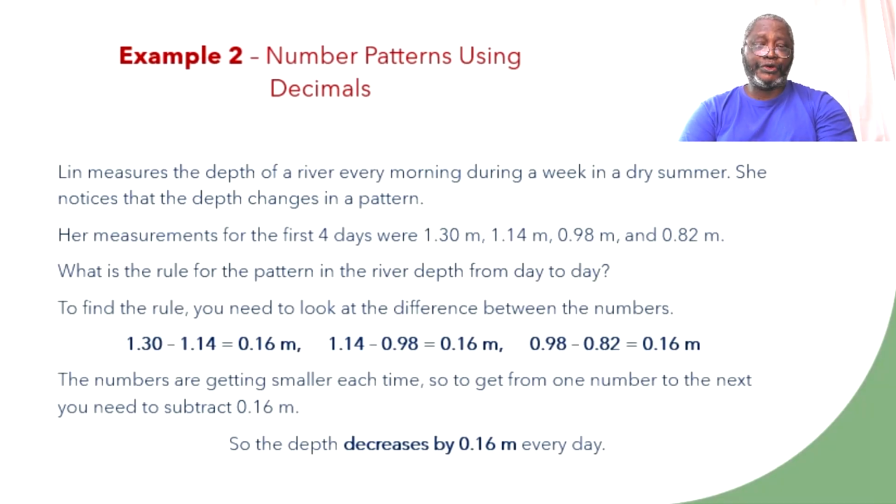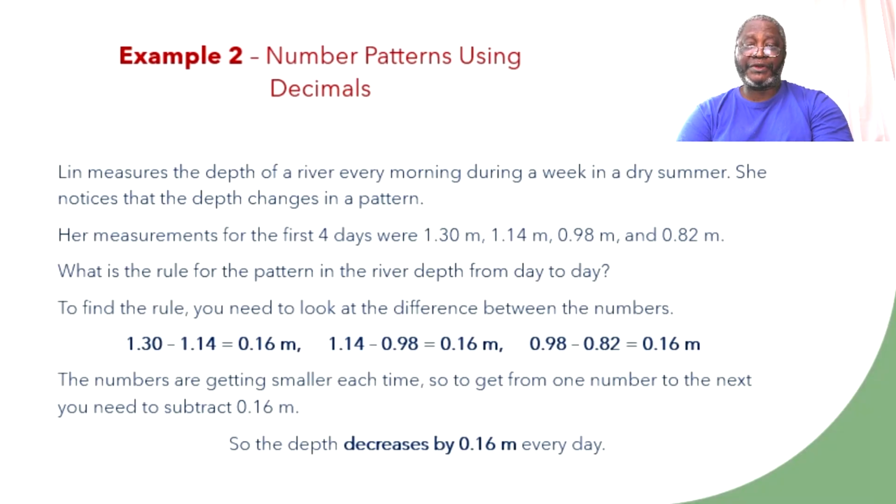To find the rule, you need to look at the differences between the numbers from start to finish. It starts at 1.3 meters, and then the next one is 1.14, so it seems to be going down, right? So the difference is 0.16. Then take 1.14 minus 0.98.